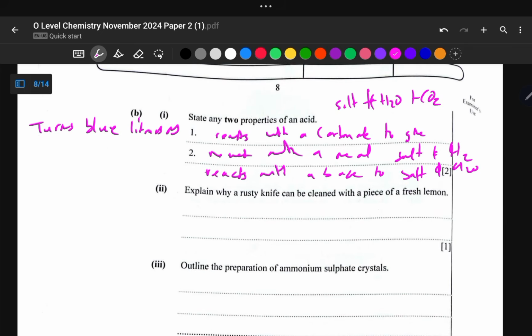And then explain why a rusty knife can be cleaned with a piece of fresh lemon. So the lemon contains what we call citric acid. So citric acid can react with the rust, which is iron(III) oxide, right?